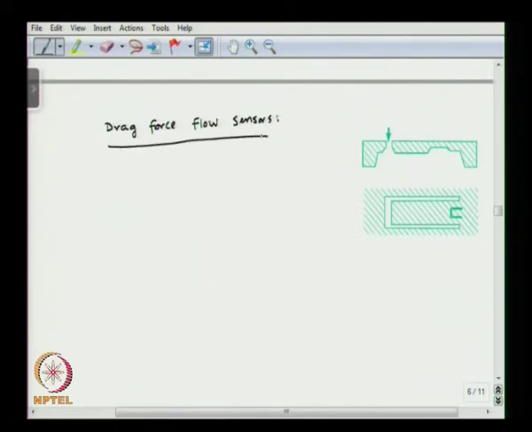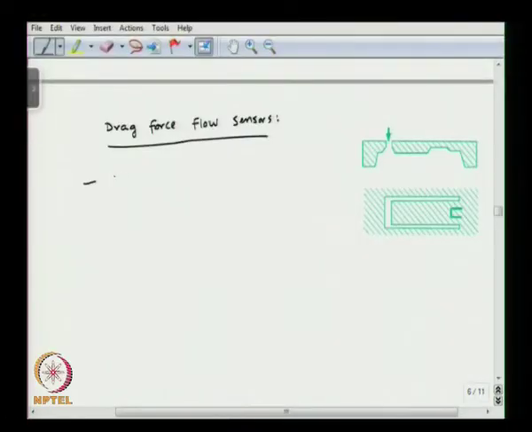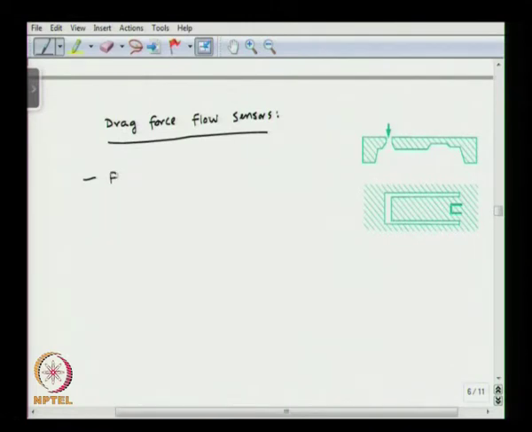The drag force flow sensors work on the principle that we would introduce an obstruction like a cantilever structure into the flow field, and when the flow rate changes, the drag experienced by the cantilever is going to change. And by measuring the change in the drag, we can predict the flow rate.